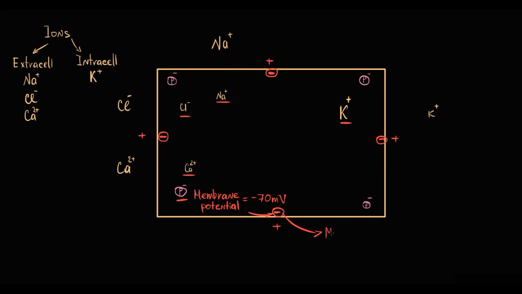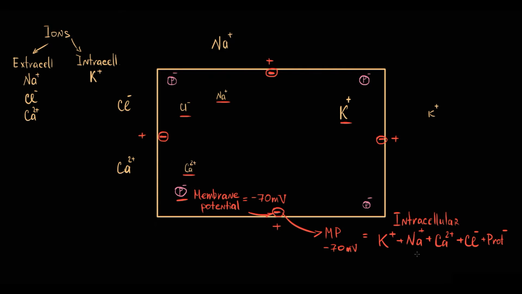So we can write this as minus 70 equals intracellular potassium concentration plus sodium concentration plus calcium concentration plus chloride concentration plus concentration of proteins. Because the value of this membrane potential is negative, obviously in rest state, negatively charged proteins and chloride prevail over positively charged potassium, sodium, and calcium.